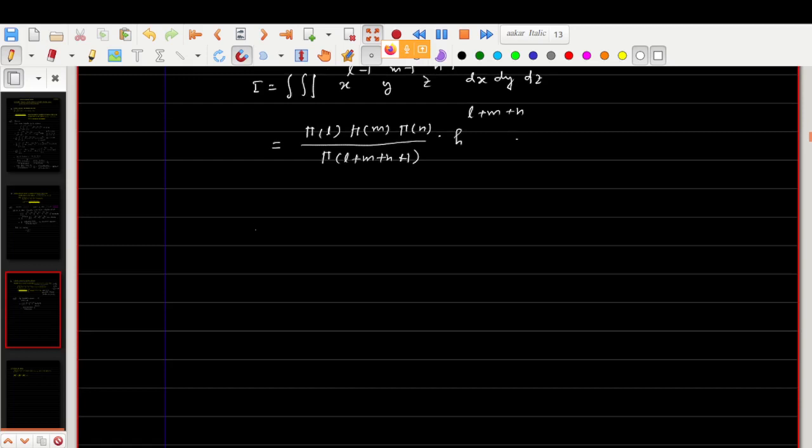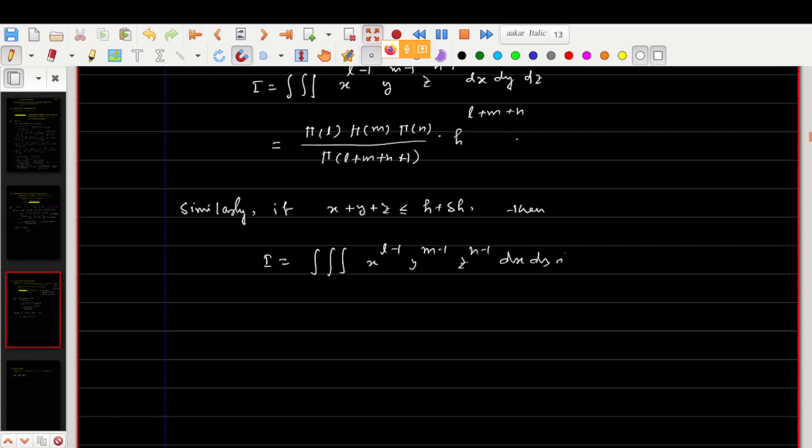Now similarly, if x plus y plus z is less than or equal to h plus delta h, then I equals the integral of x to the power L minus 1, y to the power m minus 1, z to the power n minus 1, dx dy dz, that is actually gamma L gamma m gamma n divided by gamma of L plus m plus n plus 1 times h plus delta h whole power L plus m plus n, right?